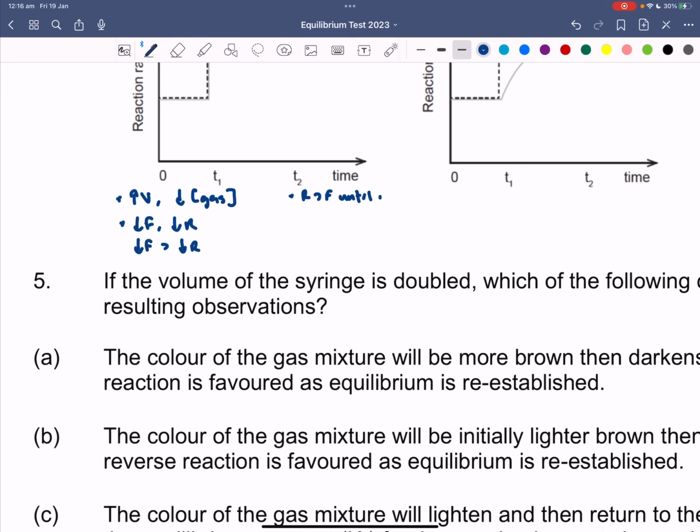The reverse is higher until equilibrium is re-established. And another way of saying reverse is greater than forward is that equilibrium shifts to the left. Equilibrium shifts left.